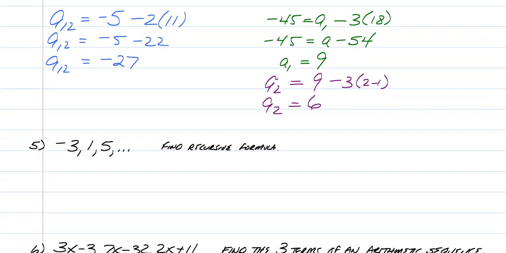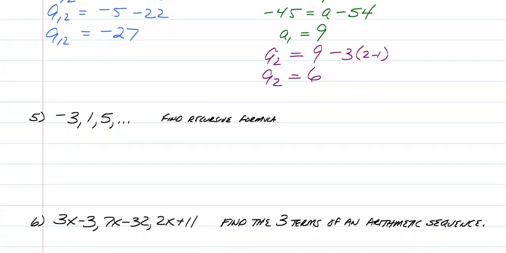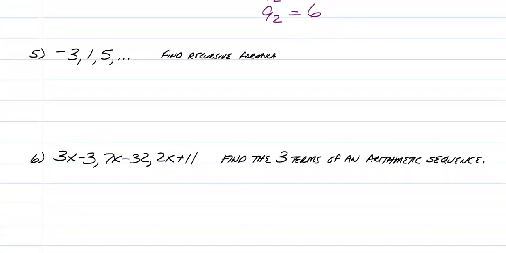Okay, number 5. This one is just writing a recursive formula. Remember, with a recursive formula, it is absolutely crucial that you state your first term, but then you're just comparing to the previous term. To get from negative 3 to 1, we add 4. From 1 to 5, we add 4. So our difference is adding 4 to the previous term.